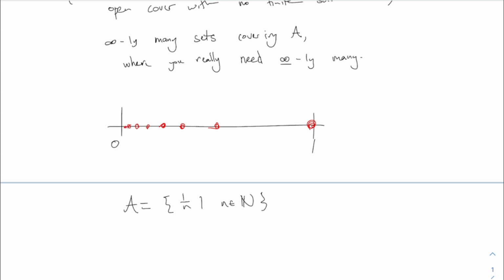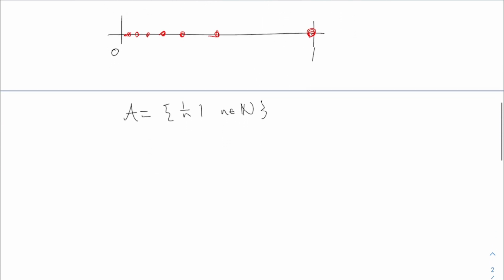And then the open cover that you can use, which has no finite subcover, would be something like, if I take open intervals, I can use O as the open intervals. If I just take the intervals, say 1 over n to 2 each time, you have to actually cover all of these points.